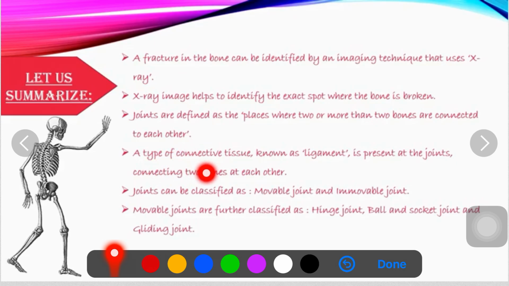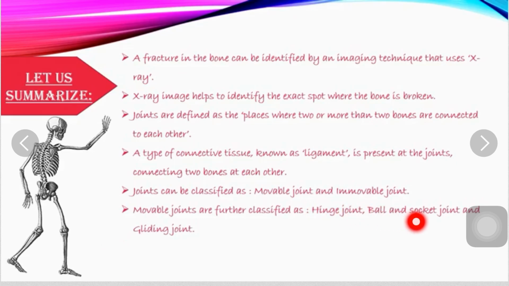A type of connective tissue known as ligament is present at the joints, connecting two bones to each other. Joints can be classified as movable joints and immovable joints. Movable joints are further classified as hinge joint, ball and socket joint, and gliding joint.